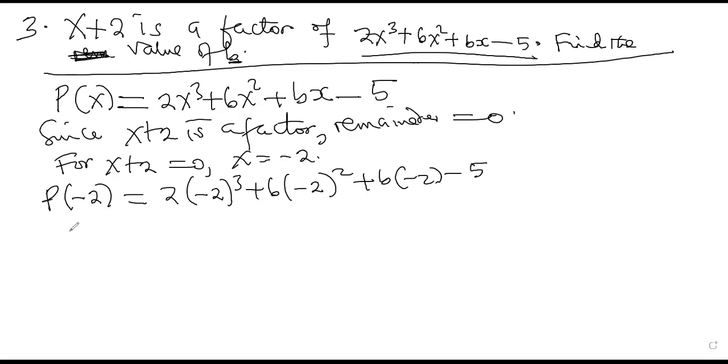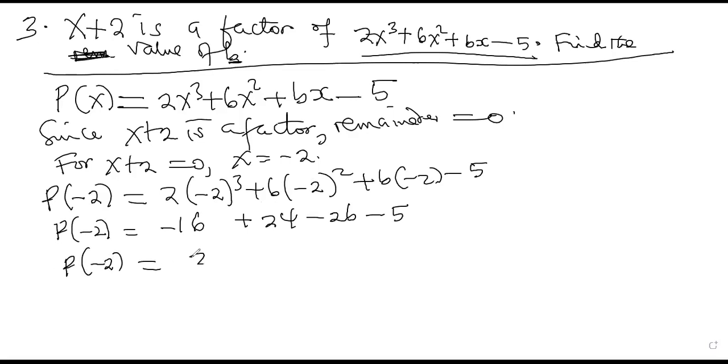This is -8, times 2, that is -16, plus 4 times 6, that is 24, minus 2b, minus 5. So we shall have P of -2 as 3 minus 2b.